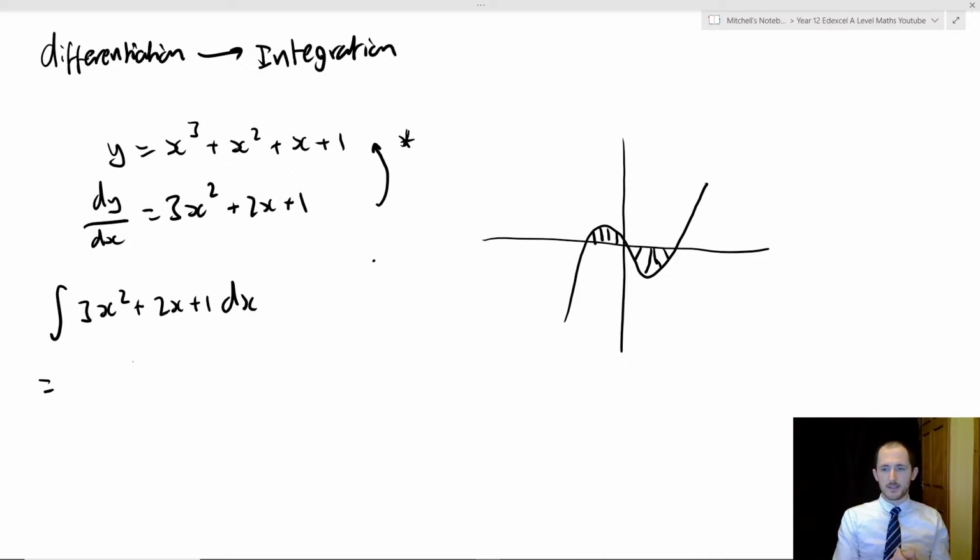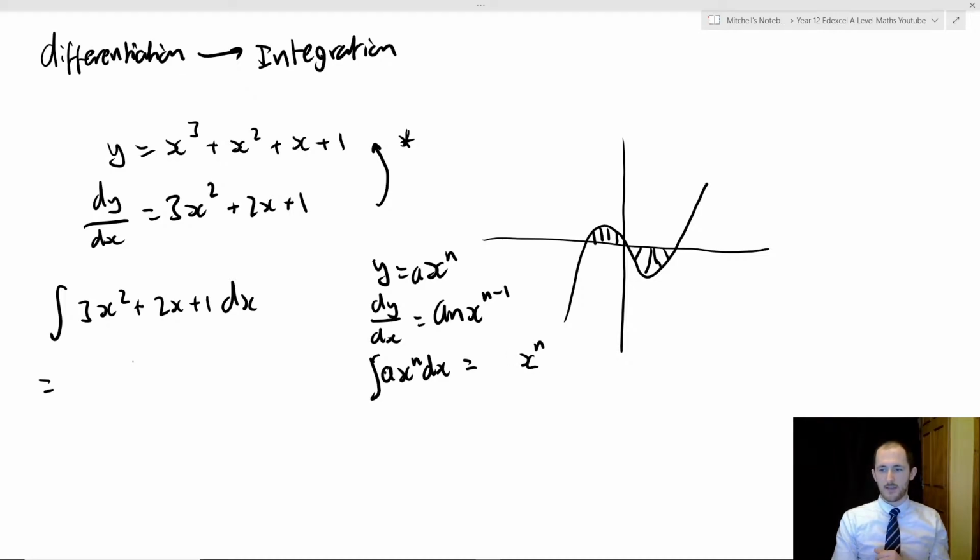If we were to differentiate something, so if y is equal to a x to the power n, then dy by dx was equal to a n x to the n minus 1. If we integrated it, so the integral of a x to the n, what we do is we add 1 to the power, so we have x to the power of n plus 1, and we divide the whole thing by the new power.